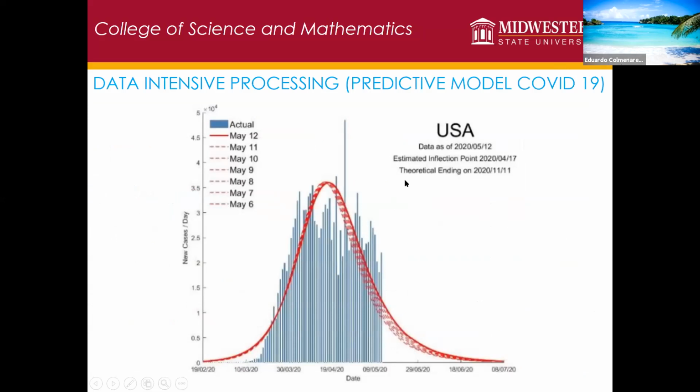The point is GPUs allow scientists to do these kinds of things. As you can see from the paper that I just showed on the screen, not just one country was analyzed, but many countries were analyzed. And they are analyzing a whole bunch of information per country. So that's the power of parallel computing and data intensive processing.